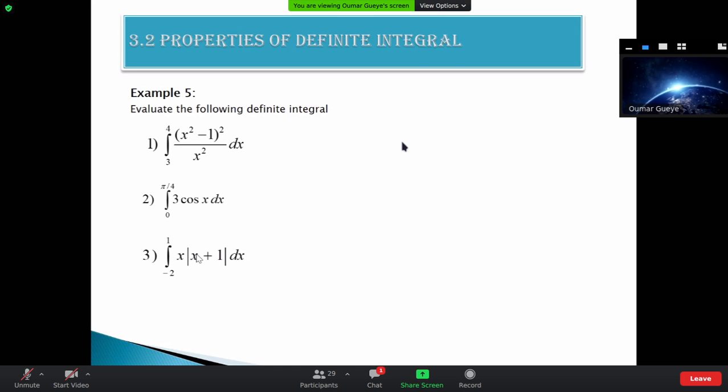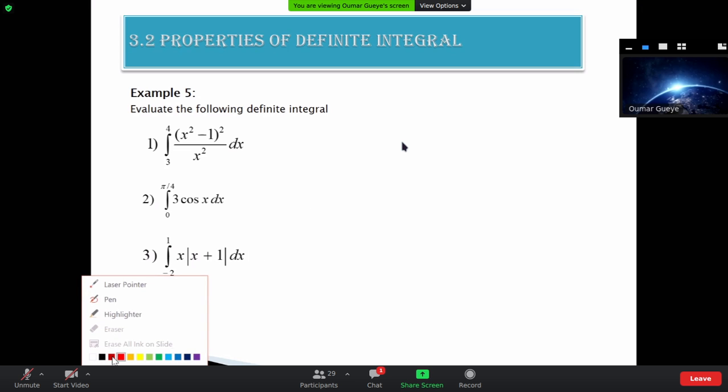And to drop the absolute value, you need to know the sign of x plus 1. Because you guys know if x plus 1 is positive, the absolute value is going to return the same thing. If it is negative, the absolute value is going to make it positive by multiplying by negative 1.